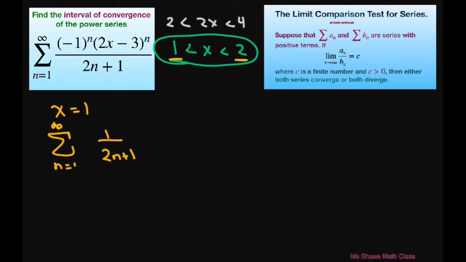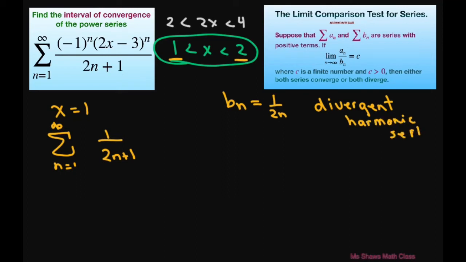Now, using the limit comparison test, let's compare it to b sub n equals 1 divided by 2n. This is your divergent harmonic series. So if we get a c that's greater than 0 when we use the limit comparison test, that means both series will diverge.